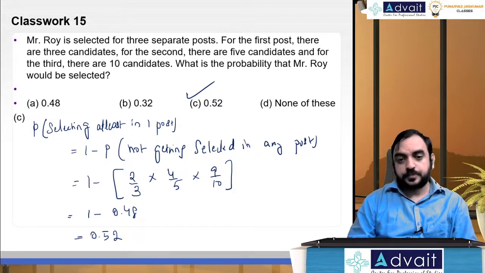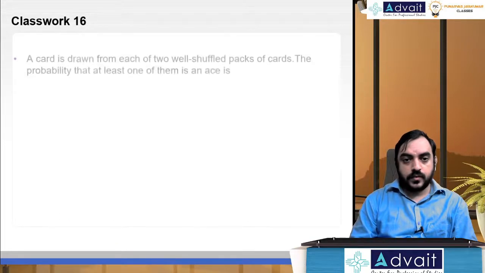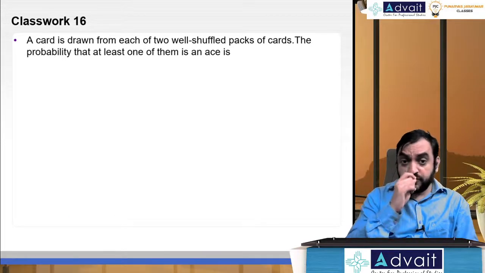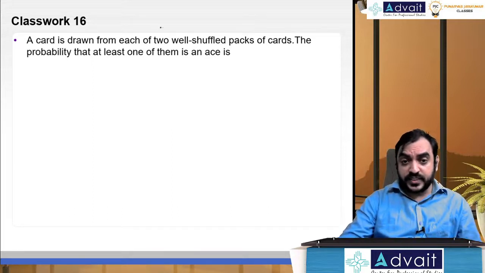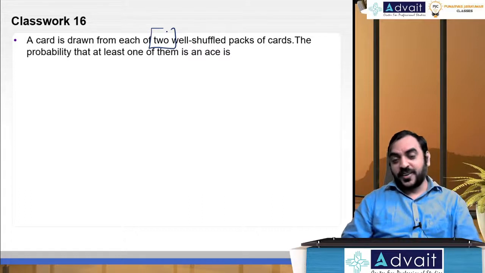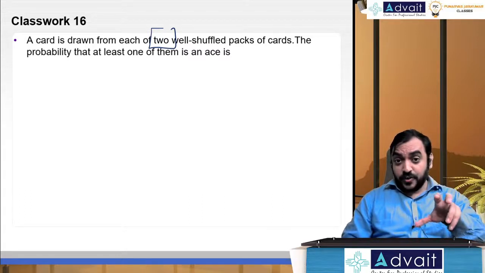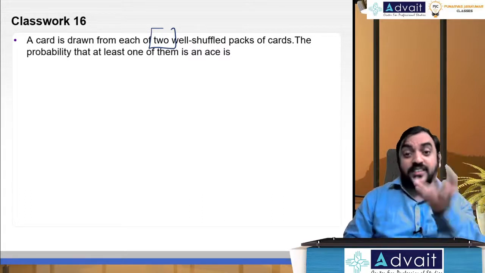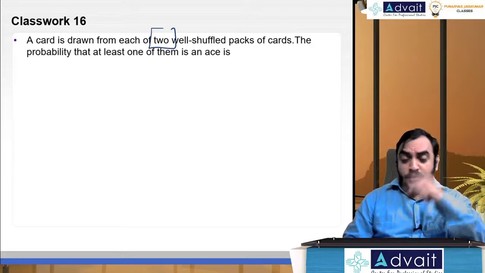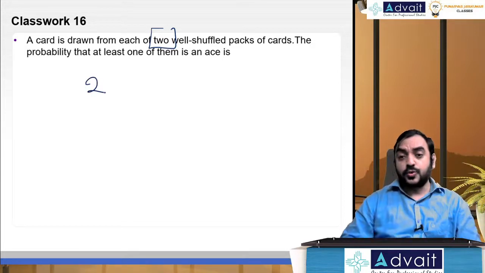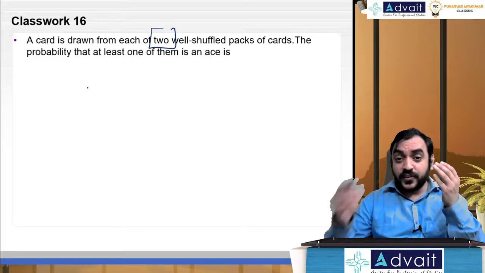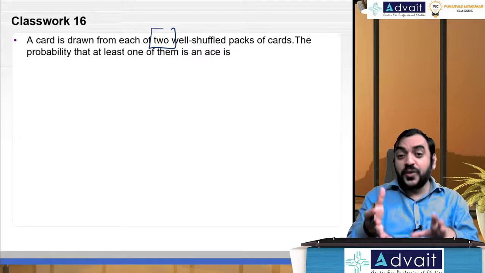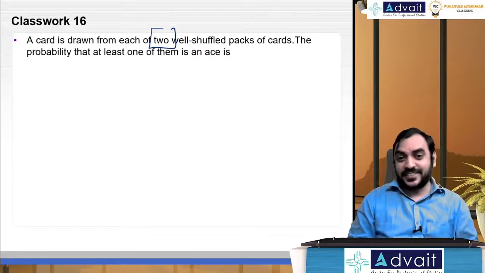Okay, next. A card is drawn from two well shuffled packs of cards. Please focus on this. Institute is very clever. They give the data of number in words. TWO. They could have given symbol 2. If they give it in examination, the numbers you can easily catch, but the words you usually miss.